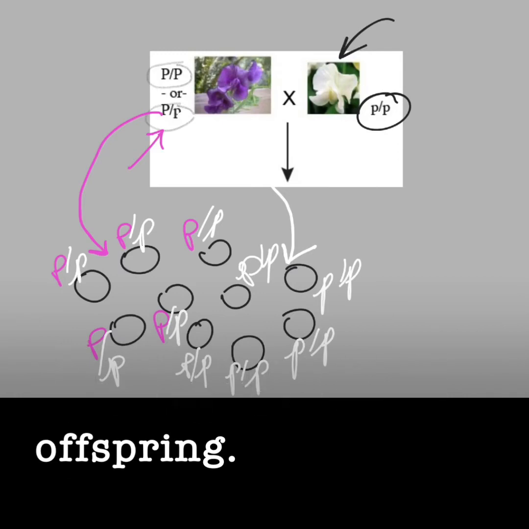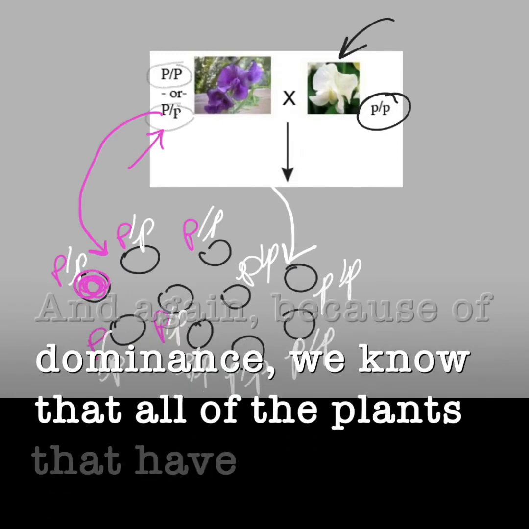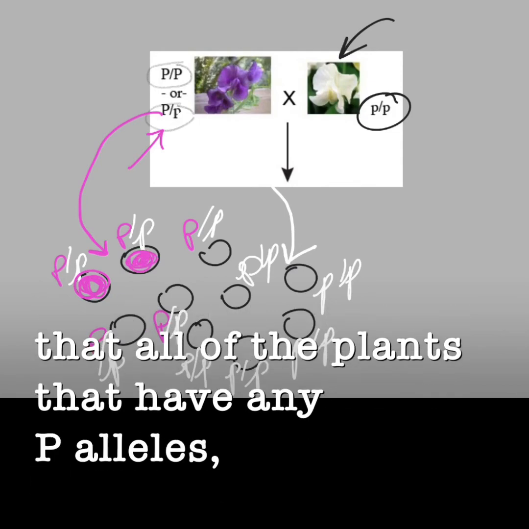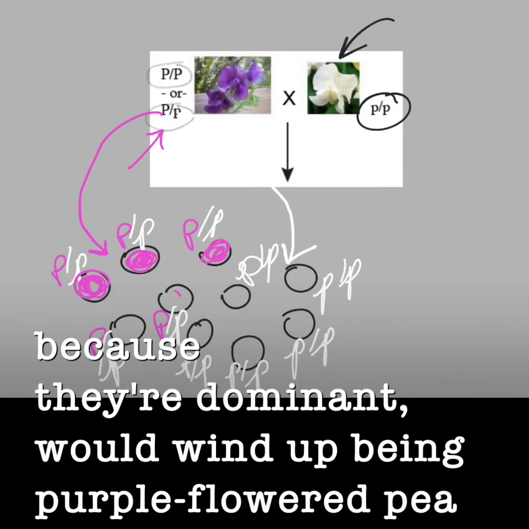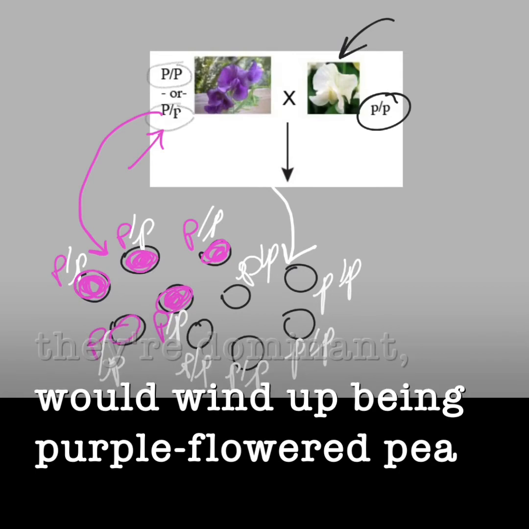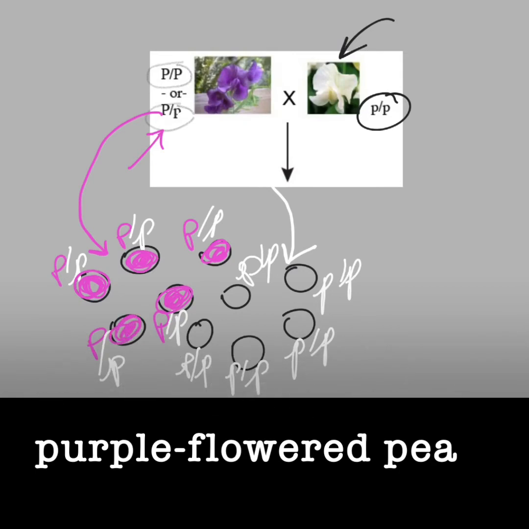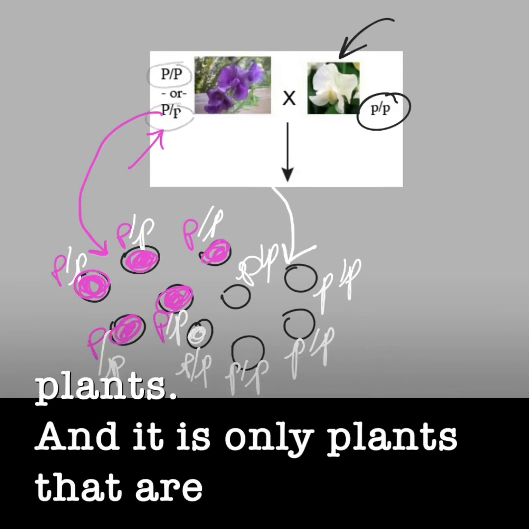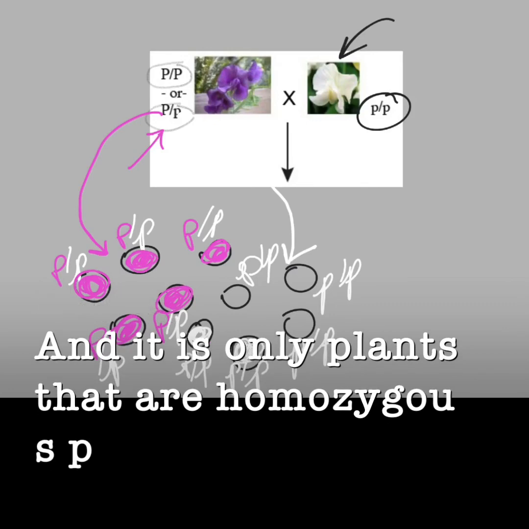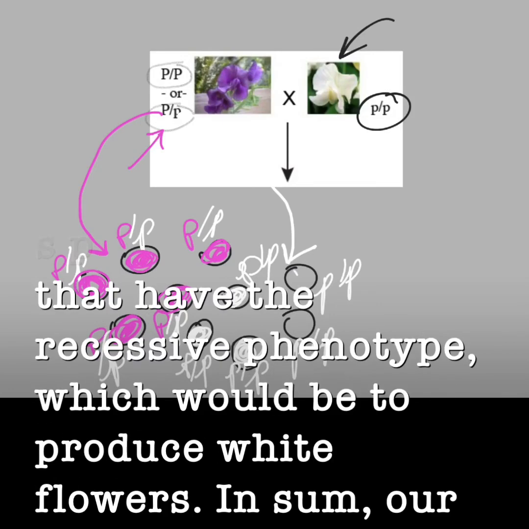And again, because of dominance, we know that all of the plants that have any capital P alleles, because they're dominant, would wind up being purple flowered plants. And it's only plants that are homozygous little p that have the recessive phenotype, which would be to produce white flowers.